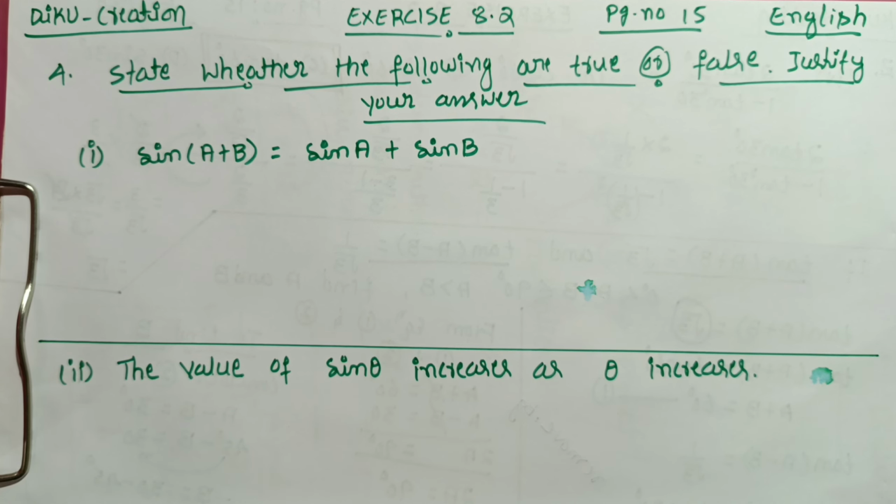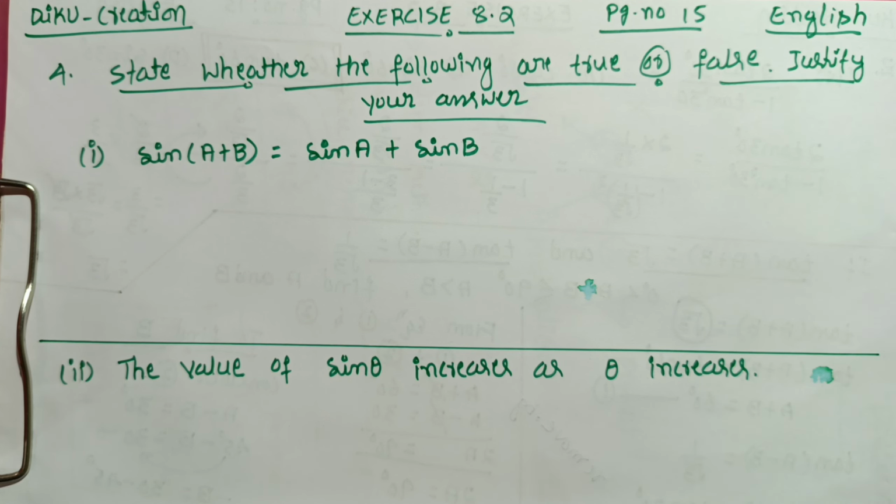Now the fourth question of exercise 8.2. The question is, state whether the following are true or false and also justify your answer. In that, the first question: sin(a + b) equals sin a plus sin b.